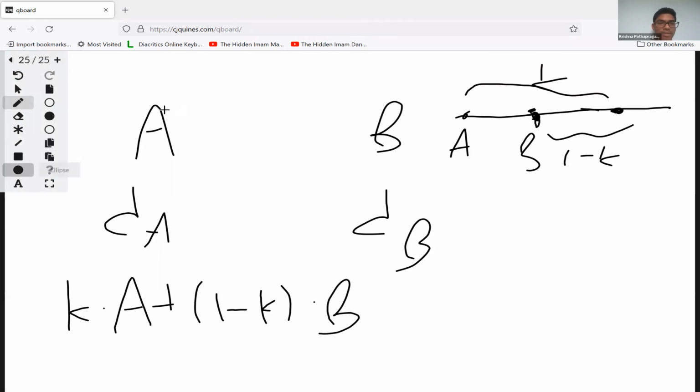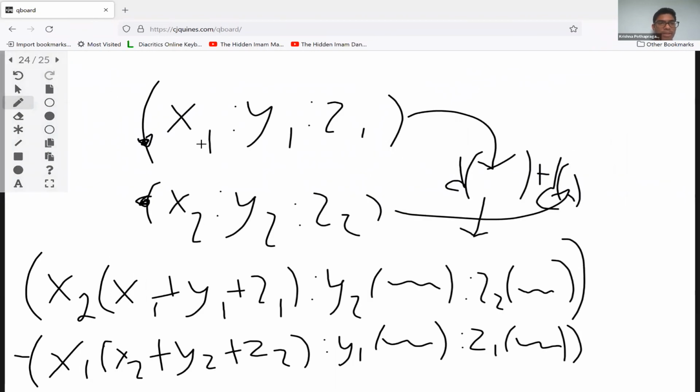What we do is the same homogenization thing I said earlier. We write them so that each of the coordinates of A and the coordinates of B have the same sum.